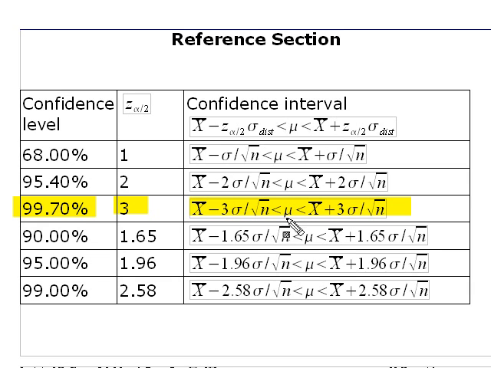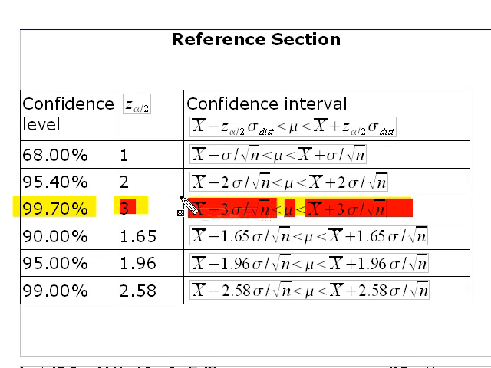It says that the population mean, which is mu, lies between the sample mean minus 3 times, because of the confidence level, the standard deviation divided by the square root of the sample size. In this case it was 16, easy to calculate numbers, so used on tests. So the population mean lies between the sample mean minus 3 times sigma over the square root of n, and the sample mean again plus 3 times sigma over the square root of n. So this is the interval.